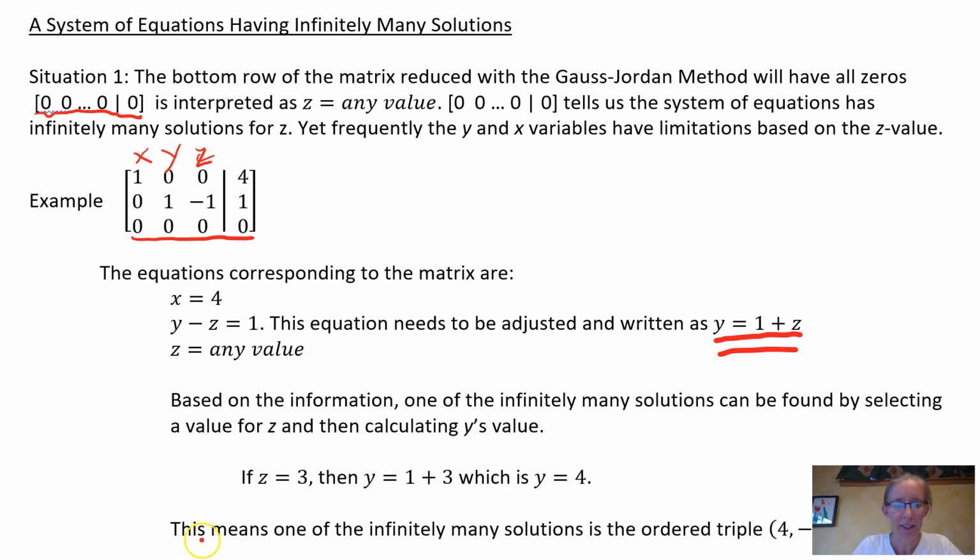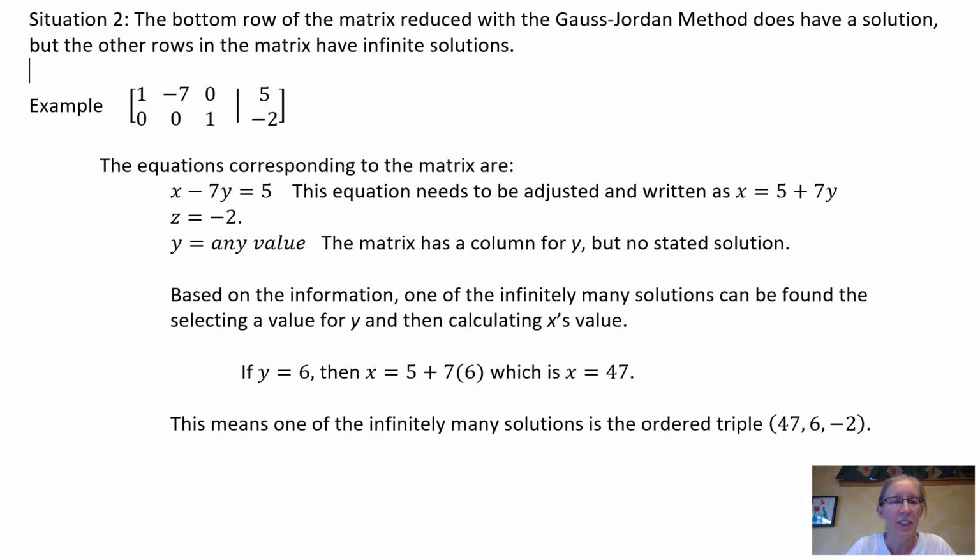And that means one of the infinitely many solutions is the ordered triple, 4 for x, 4 for y, and 3 for z. So the ordered triple that I came up with is 4, 4, 3. I could find another ordered triple that satisfies this system of equations by picking a different value for z and then calculating what y would be.